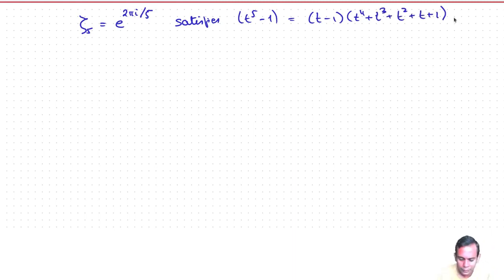And it turns out that this polynomial is irreducible, but showing that it's irreducible may not be that easy.